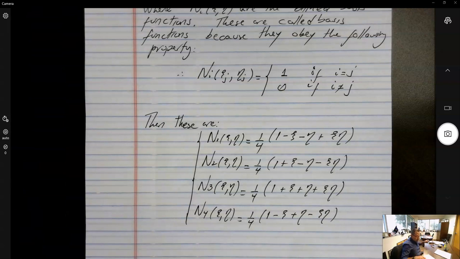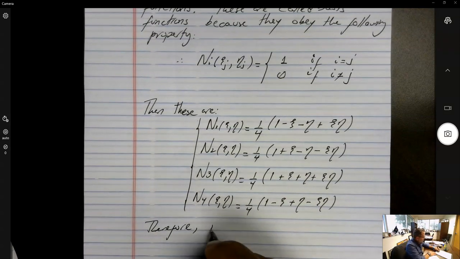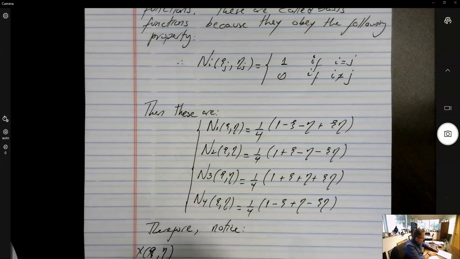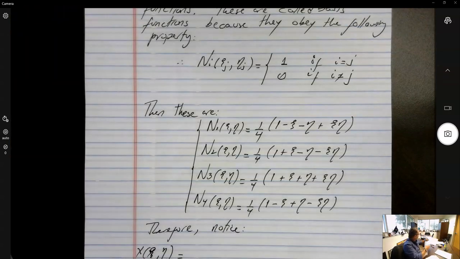And this will automatically interpolate. Therefore, notice that if I use the expansion, x of psi and eta is a summation from 1 to 4 over each of the nodes.